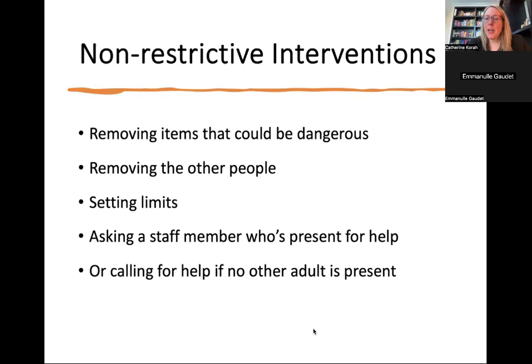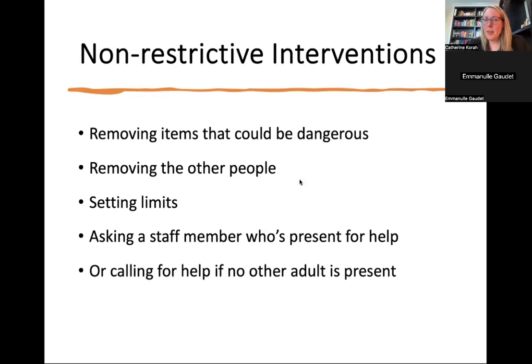And of course, I'm not even talking about restraints and isolation at all at this point. Being mindful of what's available, especially if the child is completely dysregulated and we're moving towards a situation that might be a safety issue, we focus on the non-restrictive interventions, removing the items that might be dangerous. If there's scissors lying around, taking those scissors away, and so forth.